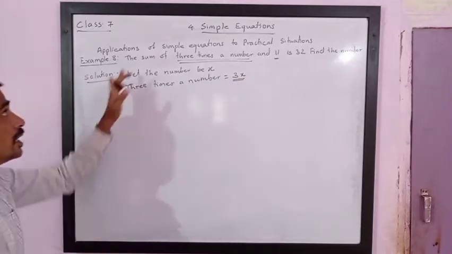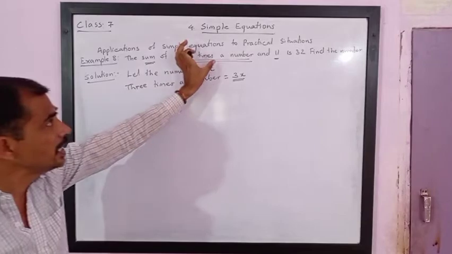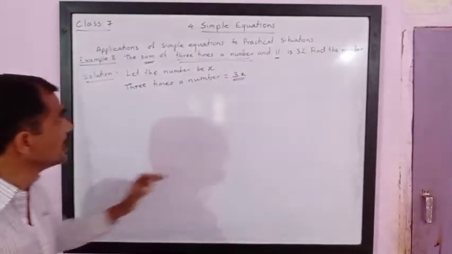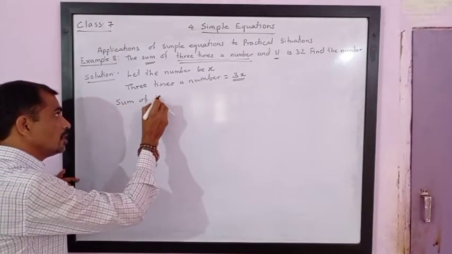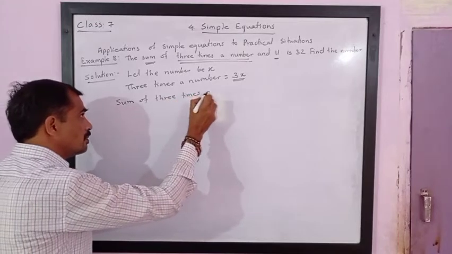Now we are given the sum of 3 times a number and 11. Sum means addition, so we have to add 3 times a number and 11.